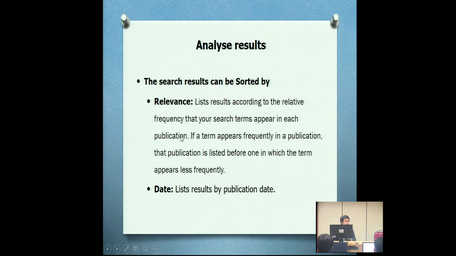The basic one I recommend is relevance. Relevance lists the results according to the frequency of your search term. Suppose the first one has 100 words and your terms are found 10 times. That is calculated as 10% frequency of your search term.